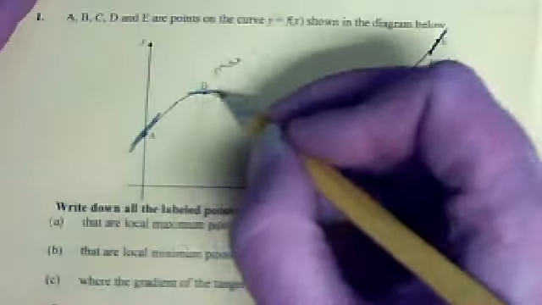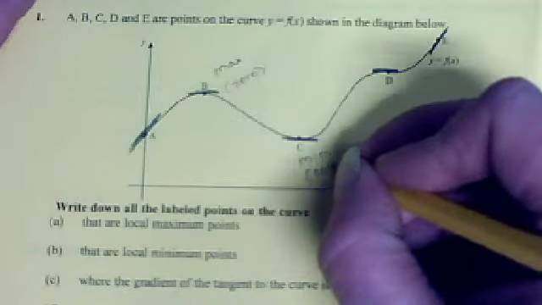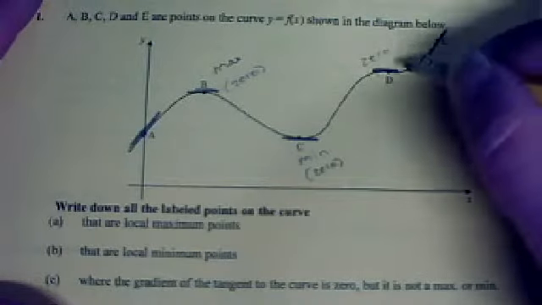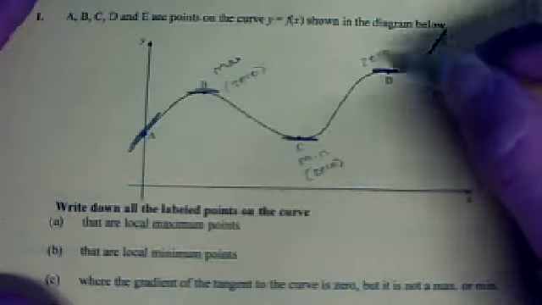Now, the gradient, the slope of that tangent line at each of those points is 0. What's interesting is, at D, the gradient is 0, but this one isn't really a maximum because it doesn't go back down the hill, and it's not a minimum because we didn't come from the top.